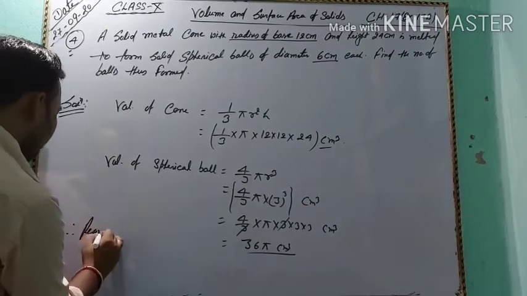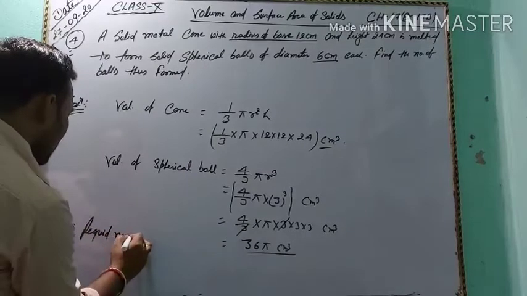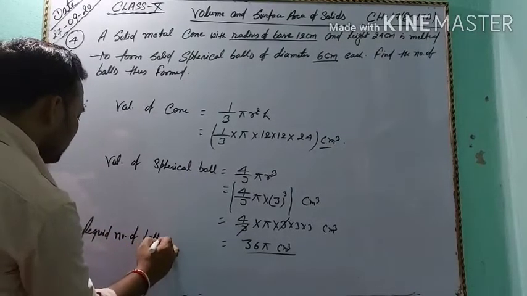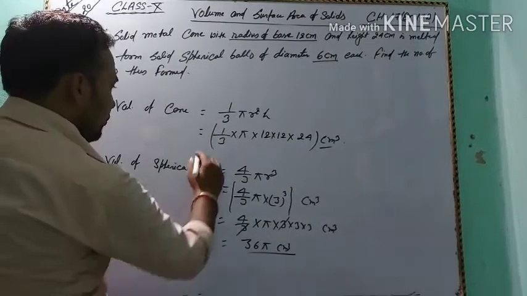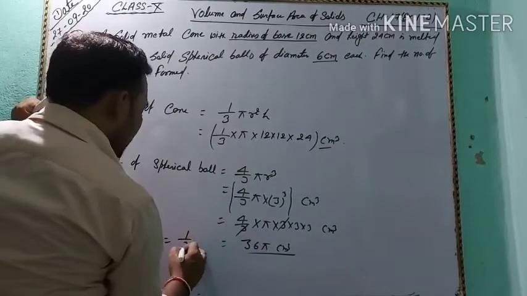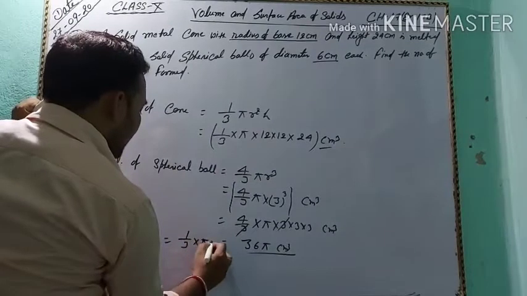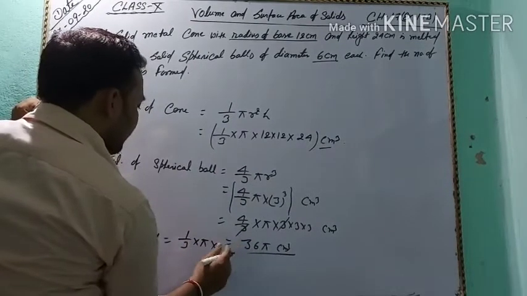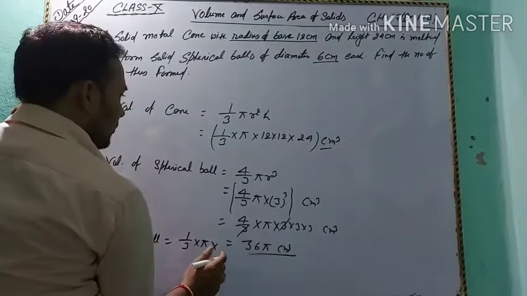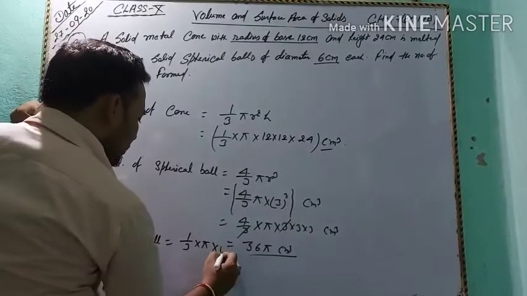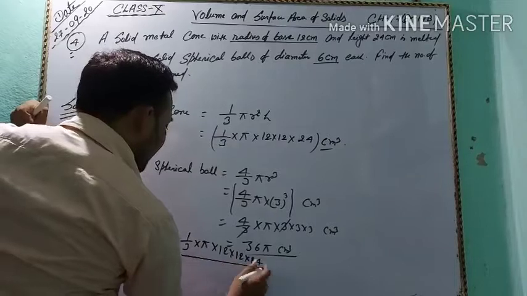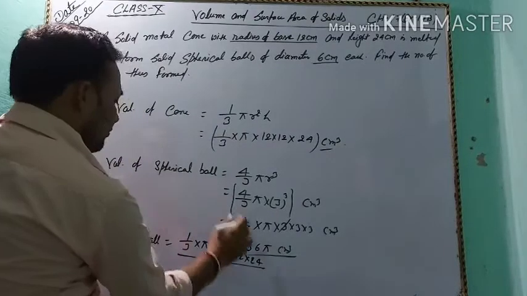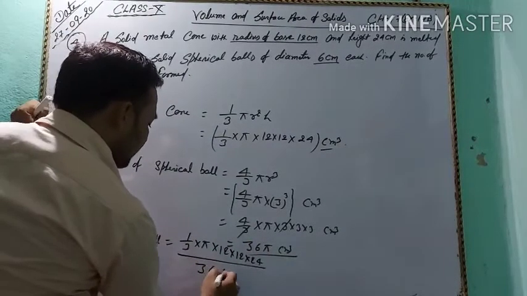Required number of balls is equal to volume of the cone, that is 1 by 3 pi multiply 12 multiply 12 multiply 24, divided by volume of a spherical ball, that is 36 pi.